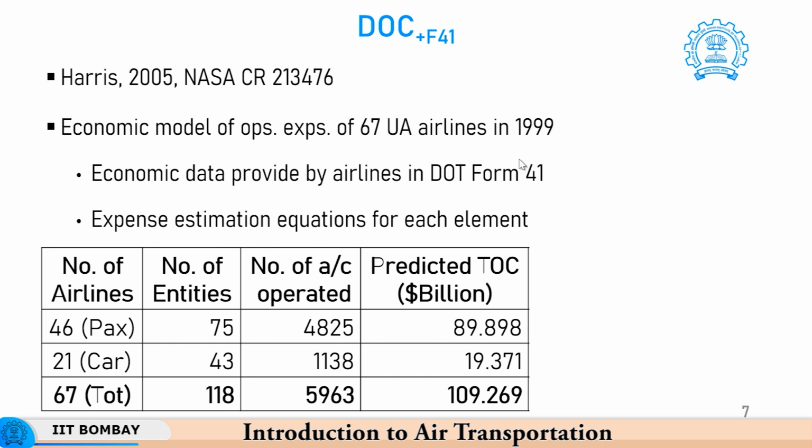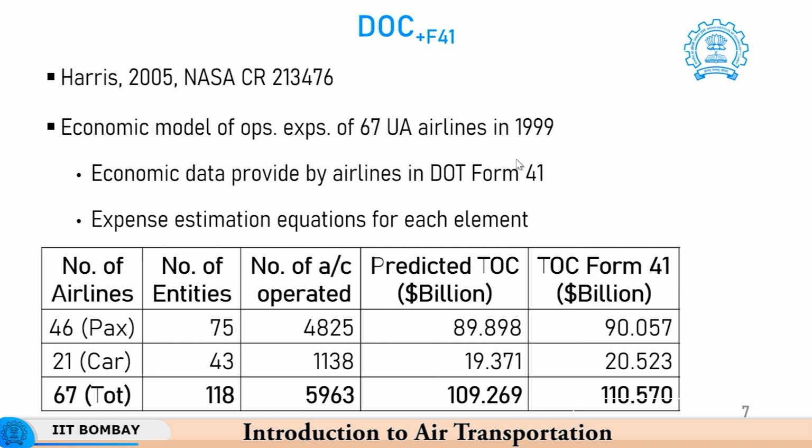As per the NASA CR, it is mentioned that the total operating cost which was predicted using this model was approximately $89.898 billion for these 46 passenger airlines and $19.371 billion for these 21 cargo airlines. But when you match that with the actual data which was supplied by the airlines in the Form 41, you find that the numbers are very near.